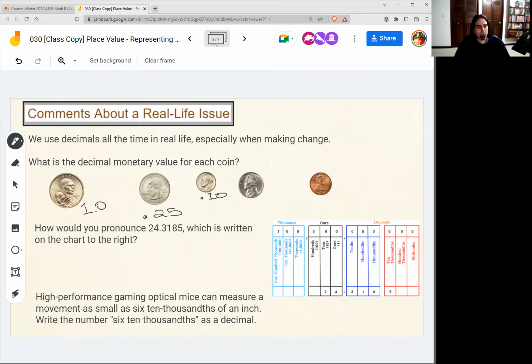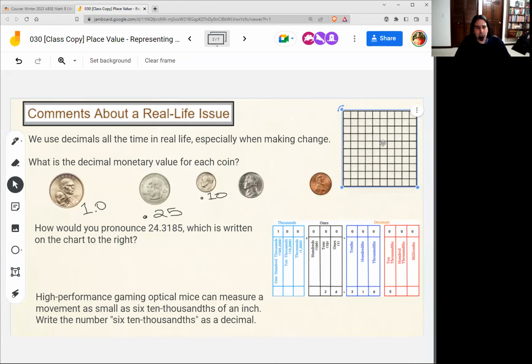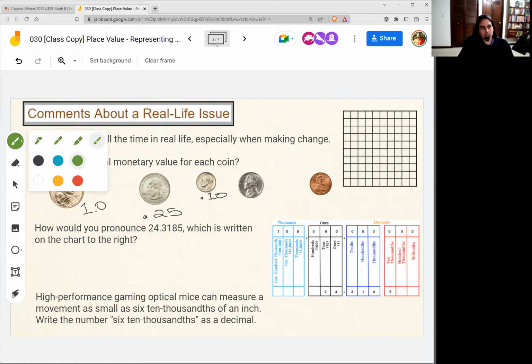Okay, so with our nickel, one moment, let me pause. If I bring in this hundreds grid that we'll use later, then I can shade in tenths. And I know you understand this at least at one point, because we did this when we were talking about the fractions of tenths.